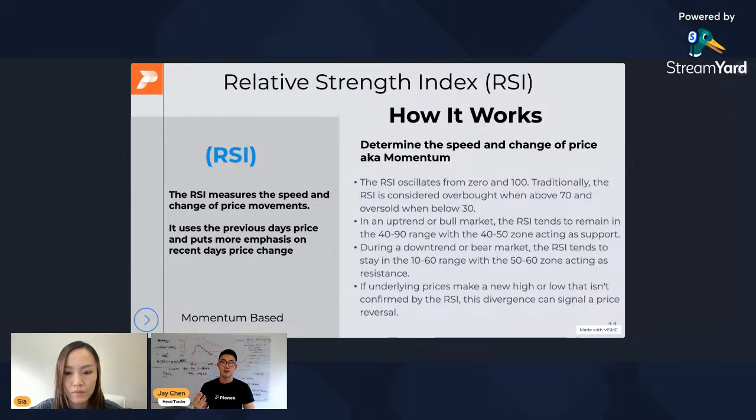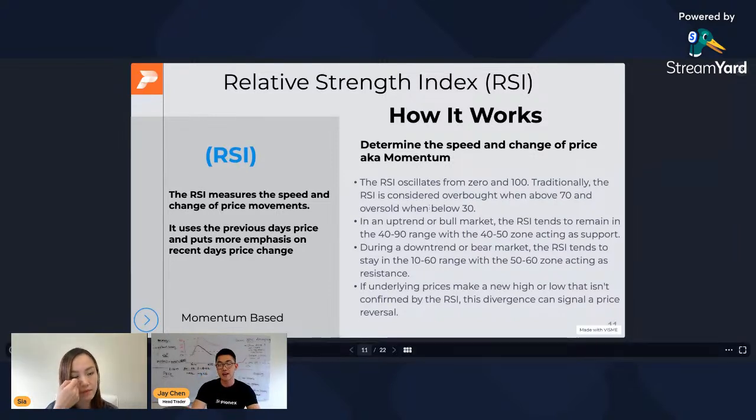It takes the previous days' prices but puts more emphasis on the recent days. Then it averages to see how many days are up days and how many percentage points it gained on those trading days. Through that, it gives you a number from 0 to 100 to show you how the momentum has been for the past 14 days.